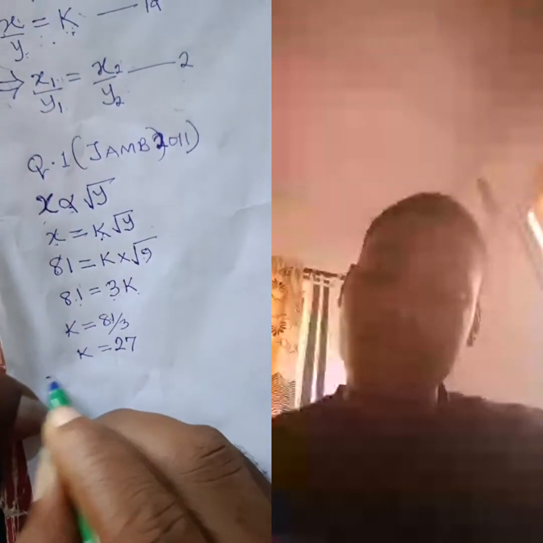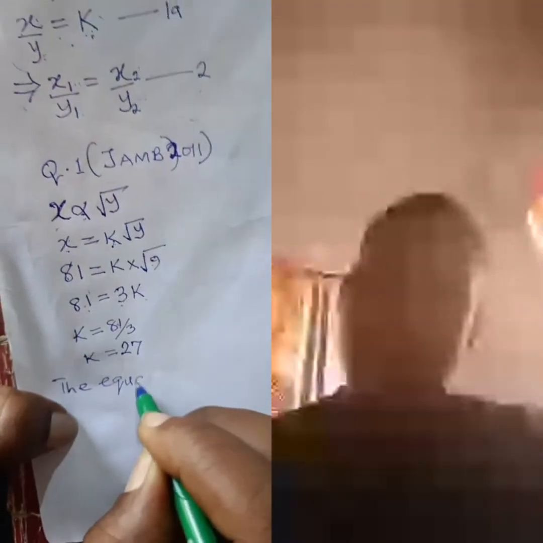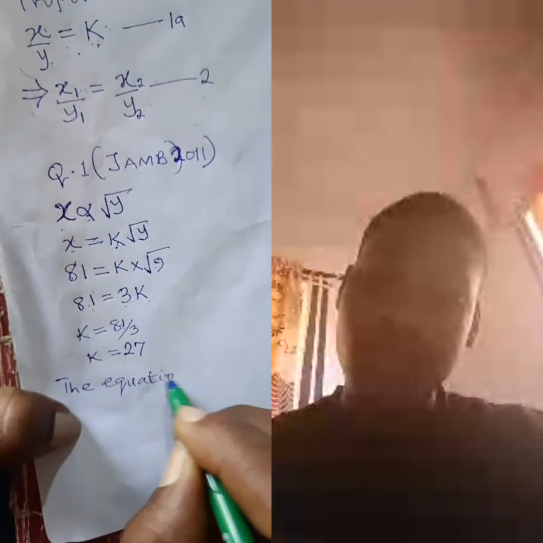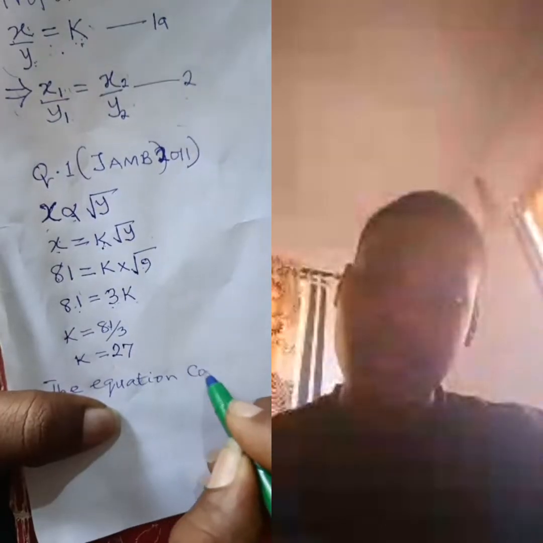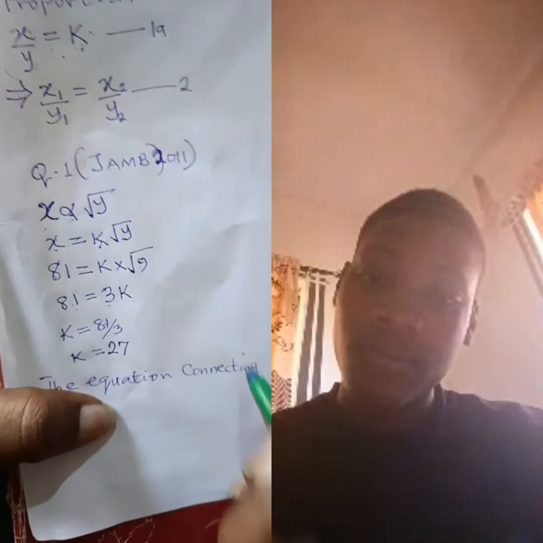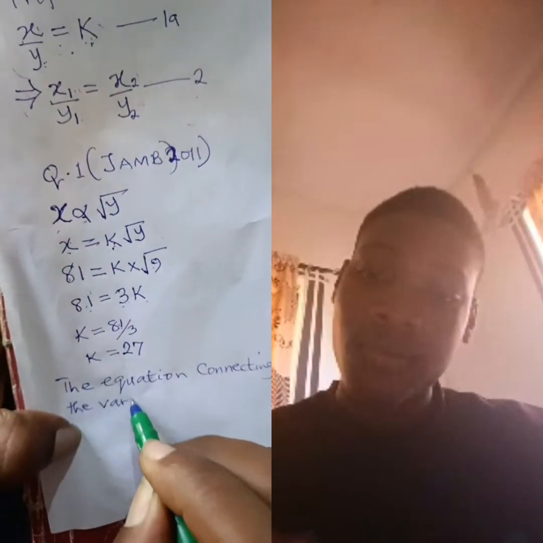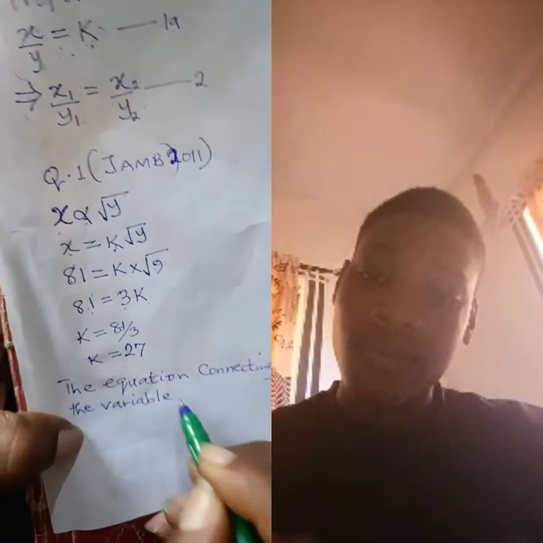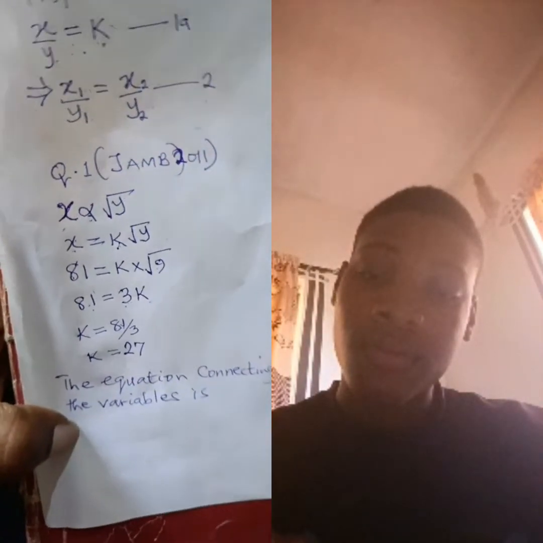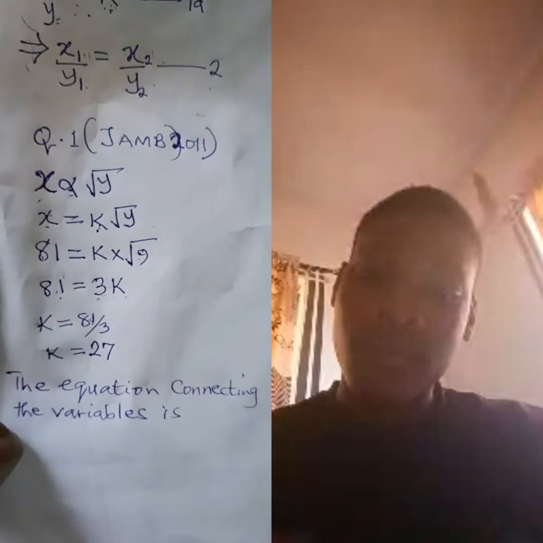Let me write it. The equation, or relationship, or formula connecting the variables is, I'm doing this in case your examiner asks you to find the equation connecting the variables.